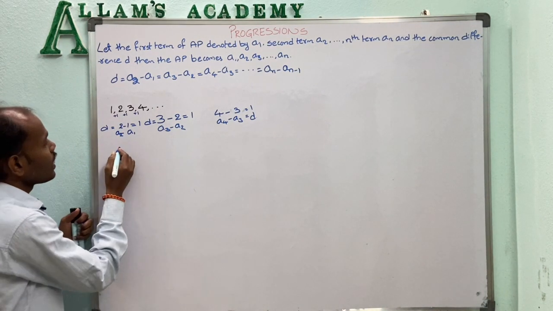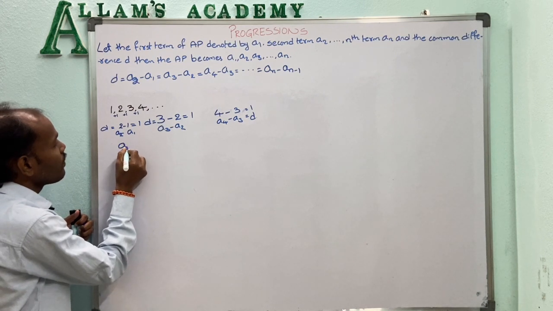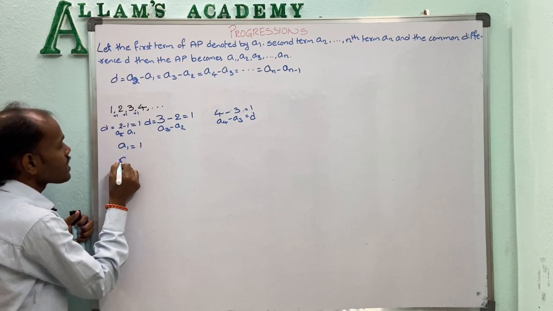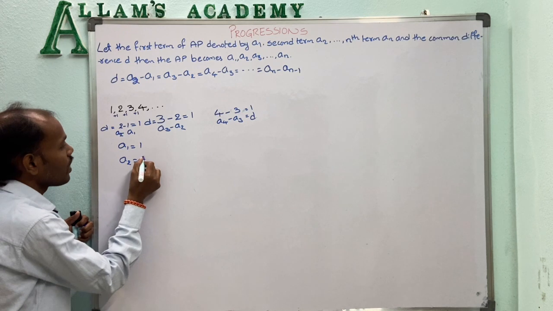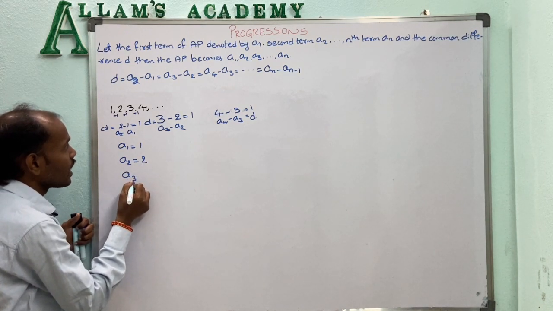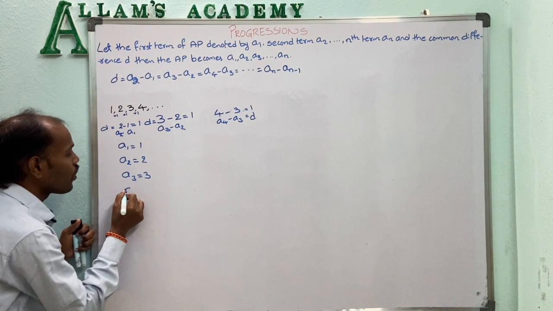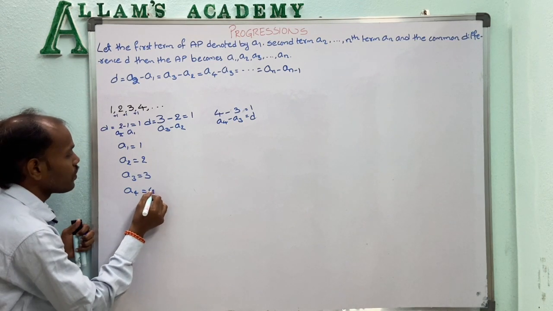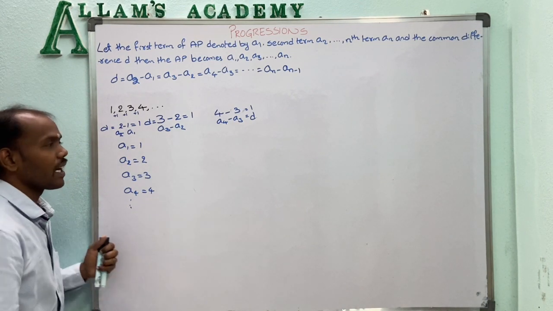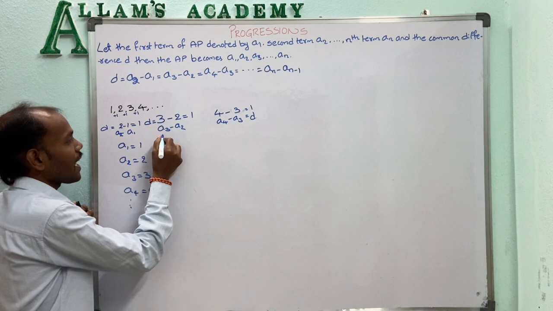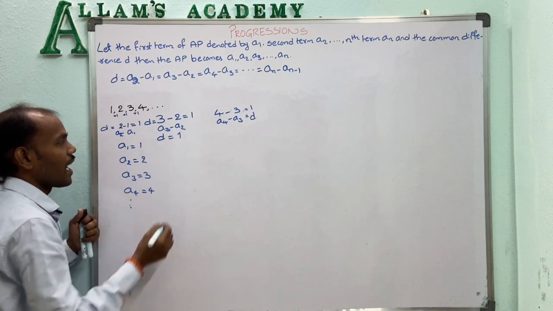Here the first term A1 is equal to 1, the second term A2 equal to 2, the third term A3 equal to 3, the fourth term A4 equal to 4, and so on. The common difference is 1, as we already said.